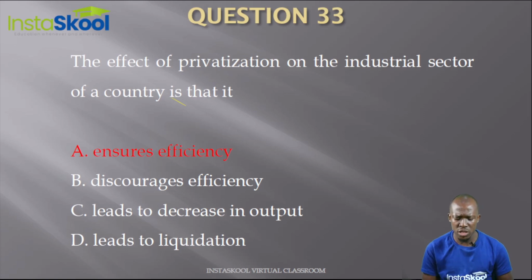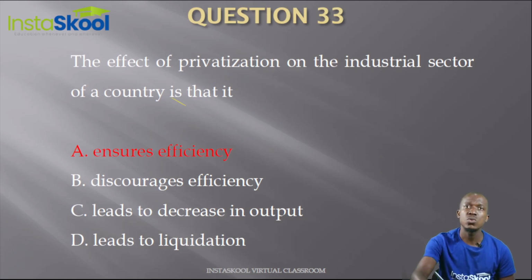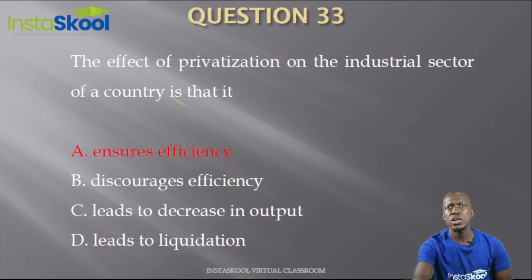And option D says it leads to liquidation. No, it doesn't lead to liquidation. So the correct answer here is that it ensures efficiency, because the private sector is aimed at profit maximization, and you can only get profit maximization when you are efficient in your production. So option A is our correct answer.